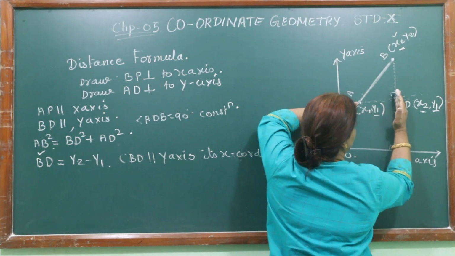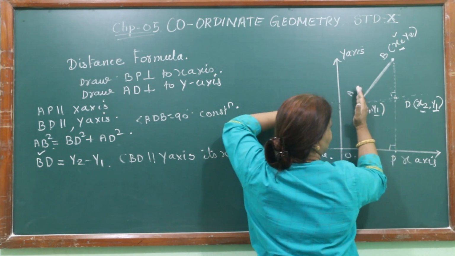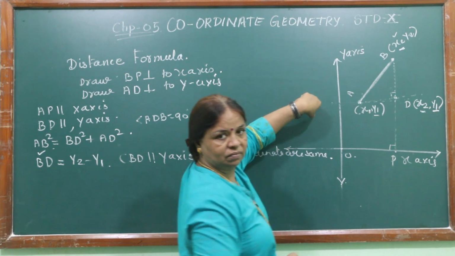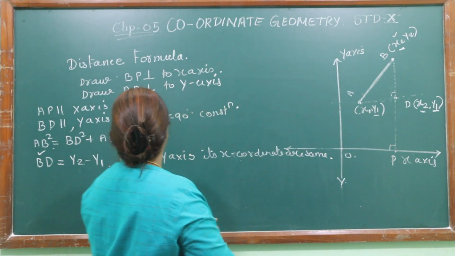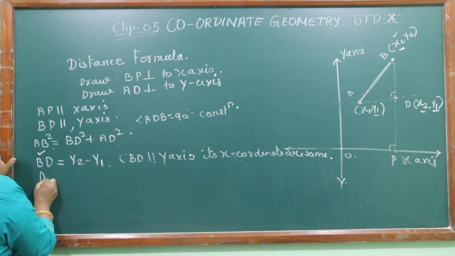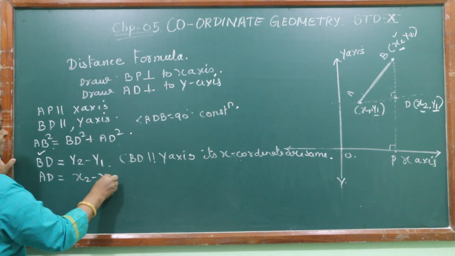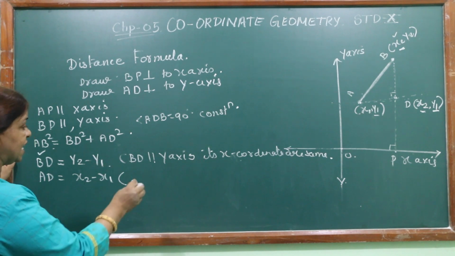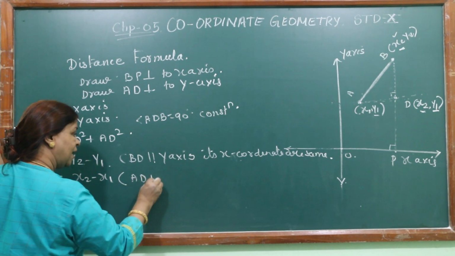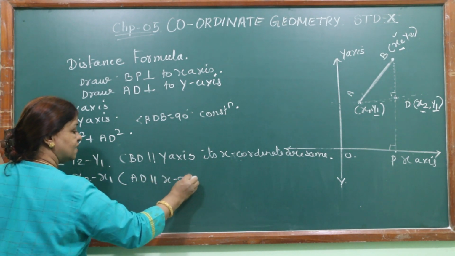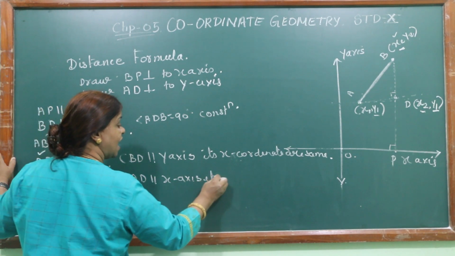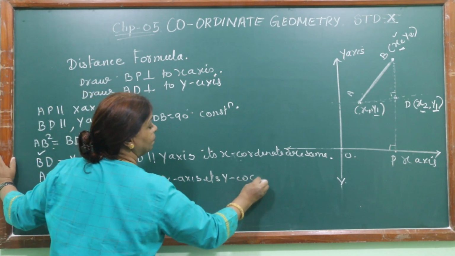So from x2, if I subtract x1, I will get AD. So AD is equal to x2 minus x1, because AD is parallel to the x-axis and its y coordinates are the same.